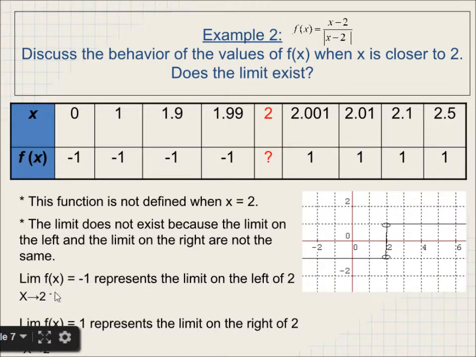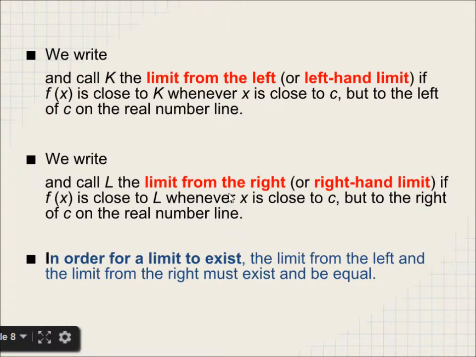The limit of f(x) equal to minus 1 represents the limit on the left of 2, when x approaches 2 but not including 2. Similarly, the limit of f(x) equal to 1 represents the limit on the right of 2. Whenever you want to represent right of 2 but not 2, you say x approaches 2 plus, as shown.